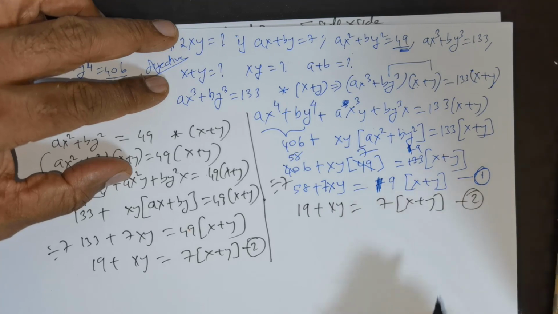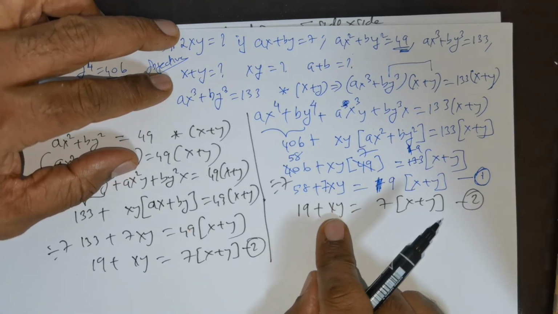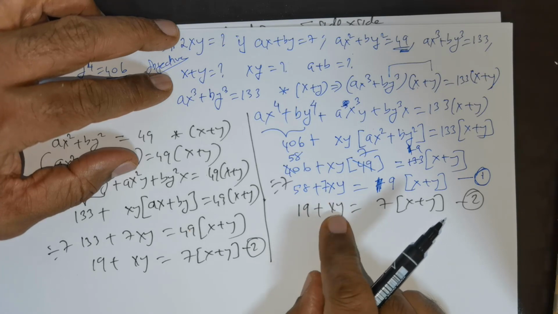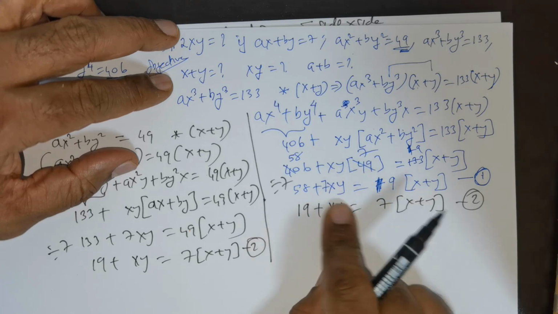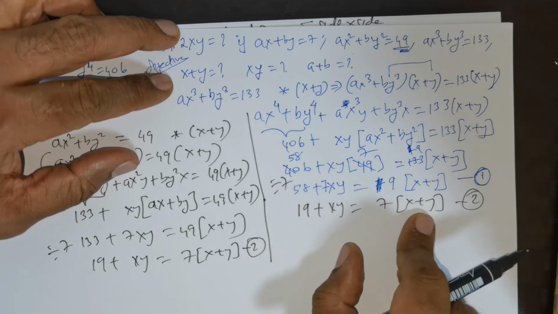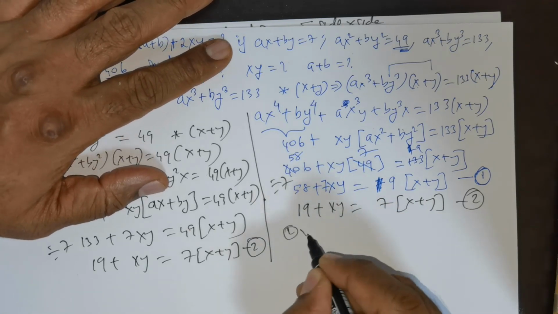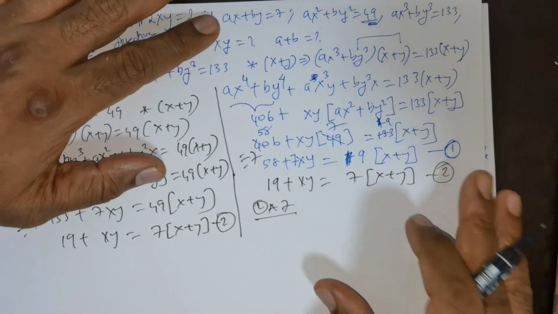This is equation 2. Now if I can simplify this by multiplying by 7 and adding them, I would get rid of this xy and I will have x plus y. Okay, so let me do that. So equation 2 multiplying by 7.